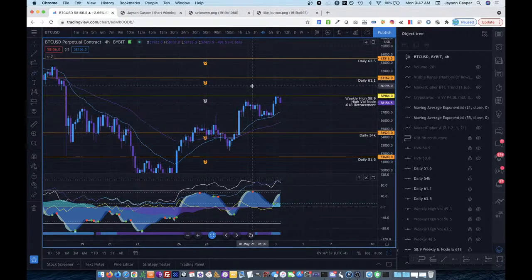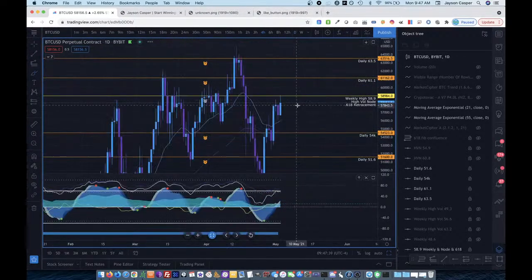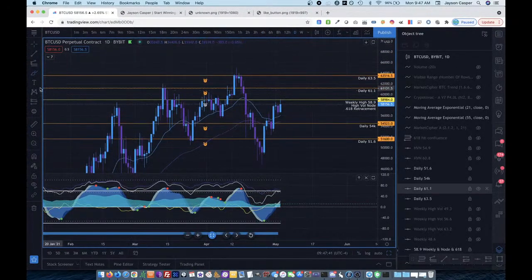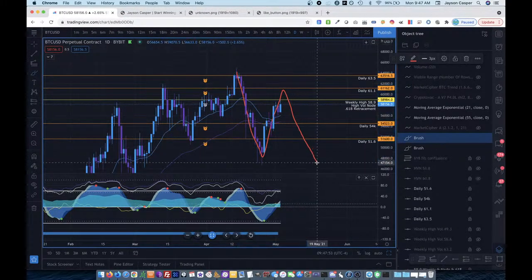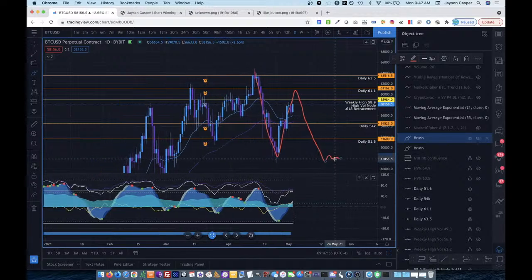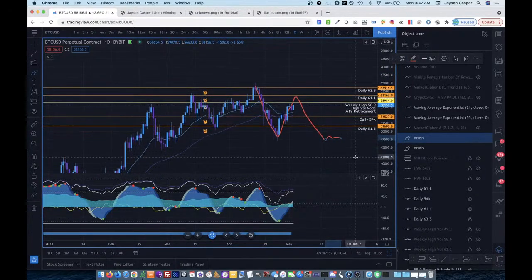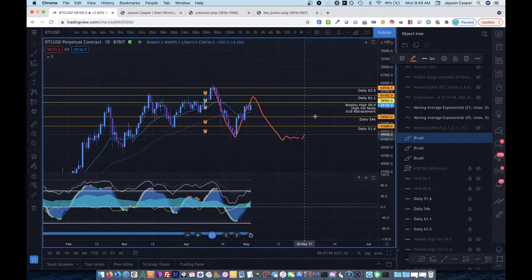But as a lot of you who have been following the stream know, I've been expecting us to consolidate like this, where we come down, we come up to around 58K, or right here as well, 61K, and then we come down a little bit more and get some nice consolidation where everybody freaks out. This was my ideal plan.